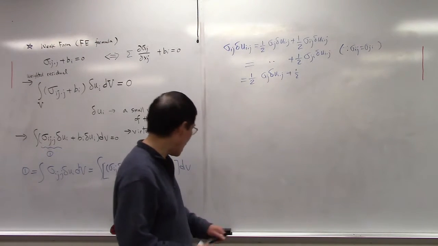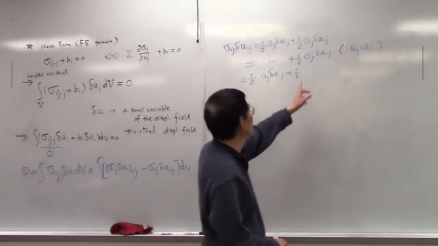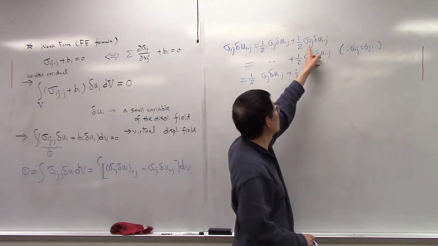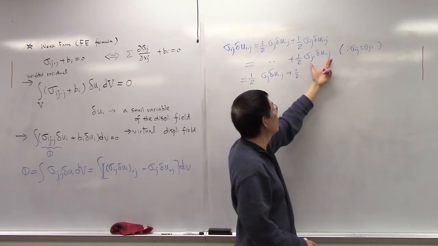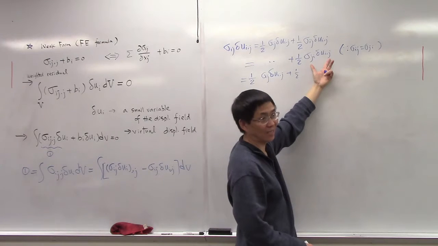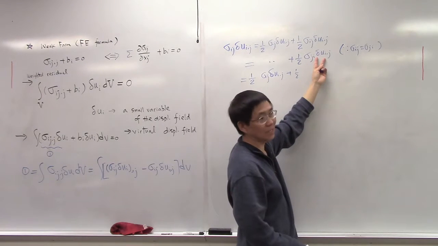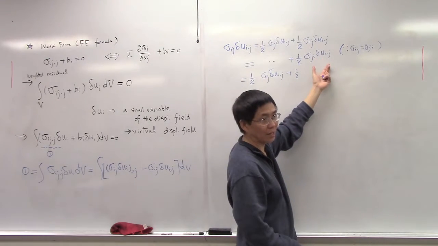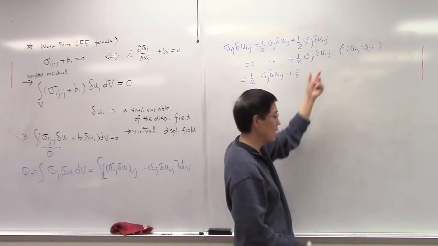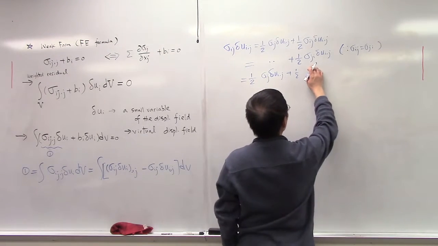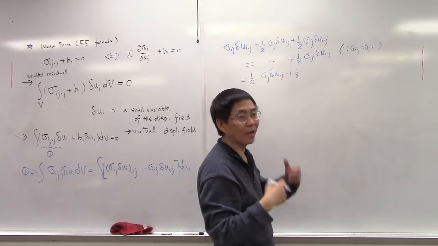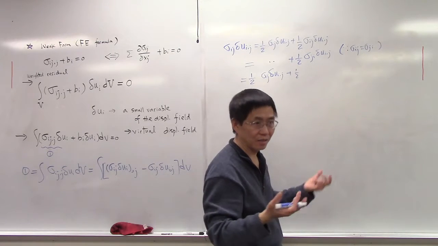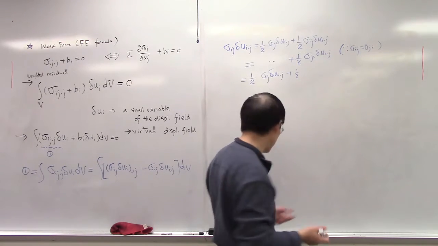Okay, next, I'm going to do something else. Because of symmetry, this is equal to that. But now, these j's are dummies. These i's are also dummies. They indicate summation from 1 to 3. Therefore, whether I call it j or i, whether I call it j or k or any other thing, it will not affect the result.